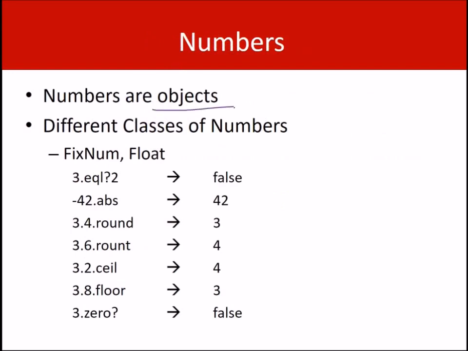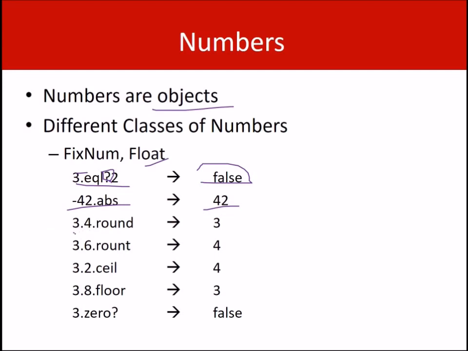Numbers are also objects. As I said, everything is an object, so a number has to be an object. And you have different classes of numbers like fixnum, float, etc. You can use a function like this, a Boolean function, I said, with a question mark. Then you can just call -42 dot abs, and the result will be 42.